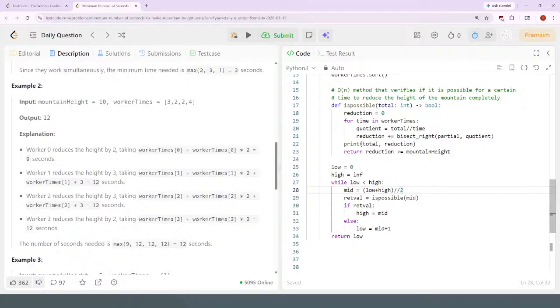Interesting. 0 plus infinity divided by 2 is not a number, maybe? Okay, maybe infinity is just not a good value to use. What would be a more reasonable thing?